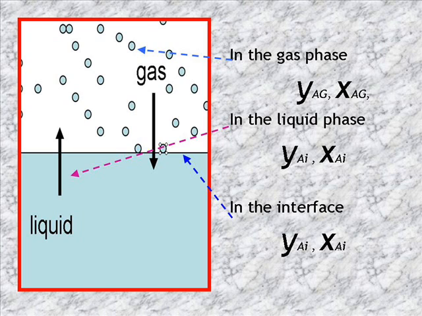This slide shows how the gas and the liquid interact according to diffusion. Let's say we have the gas here, having a certain particular concentration, diffusing into the liquid.